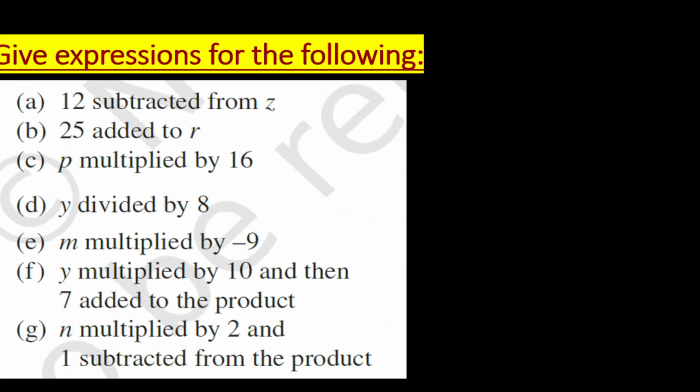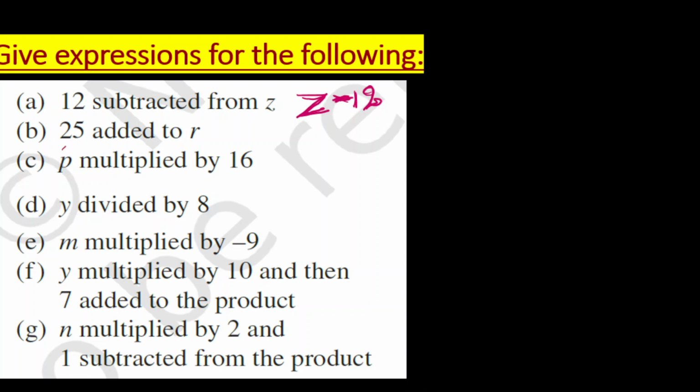And let's write the expressions for these examples. Here 12 is subtracted from z. We are subtracting 12 from the variable z, so this can be written as z minus 12.